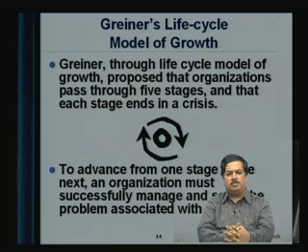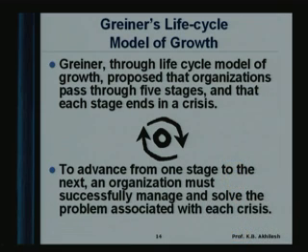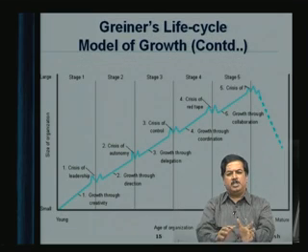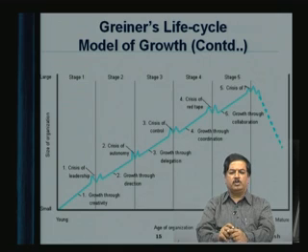To advance from one stage to the other, the organization must successfully manage and solve the problems associated with each of such crisis situations. I tried to explain this model quickly in the previous lectures, but this one would clearly show what Greiner meant in terms of the life cycle model of growth.